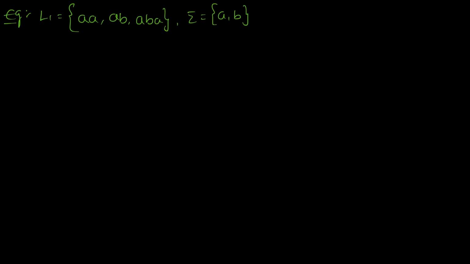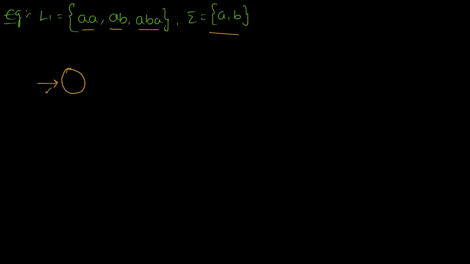Given a language with strings AA, AB, ABA and the alphabet {A, B}, we need to construct a DFA for this language. So a DFA will have an initial state which is indicated by this arrow mark.